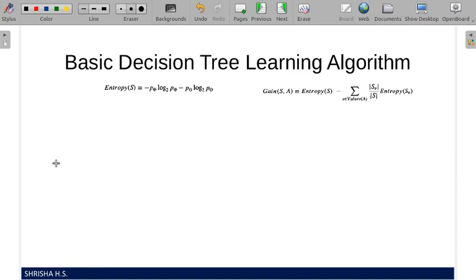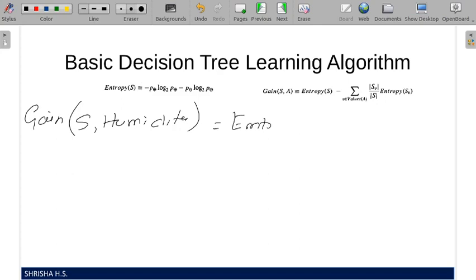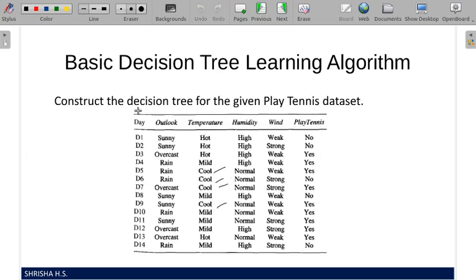Similarly we will calculate the gain for the other one, that is humidity. So for humidity again, entropy of S minus, what are the values of humidity we have?